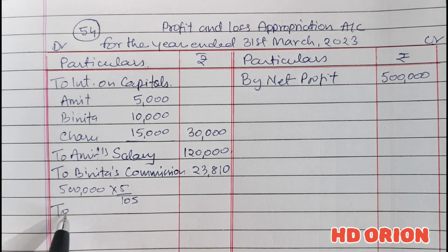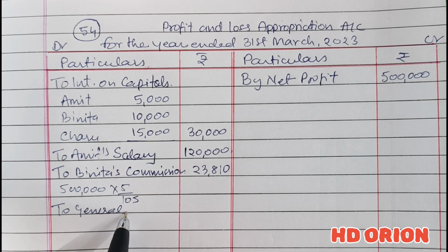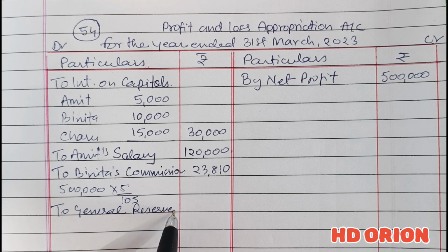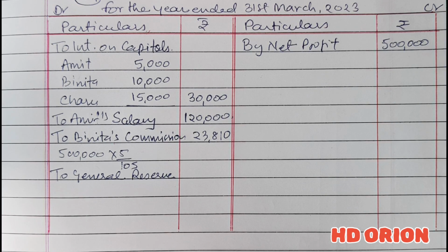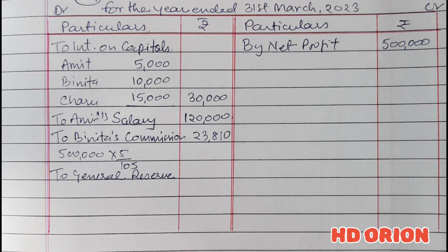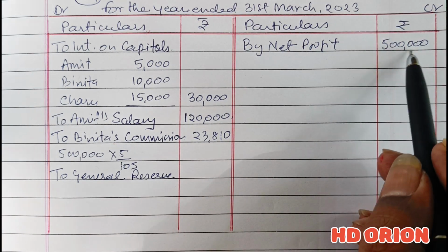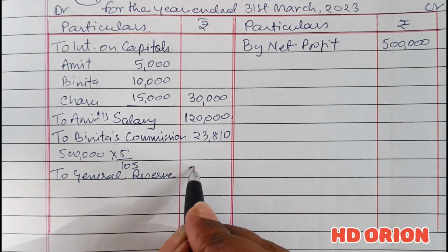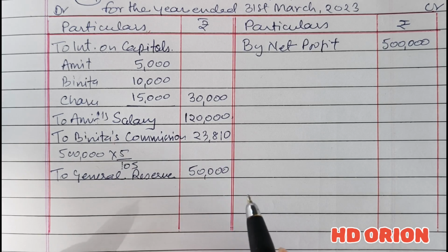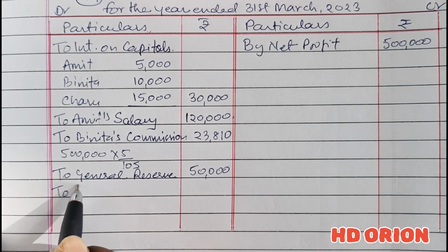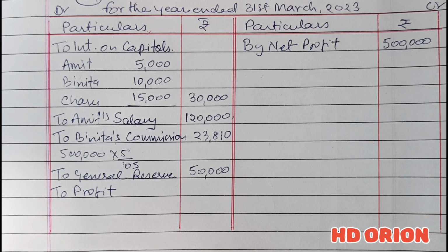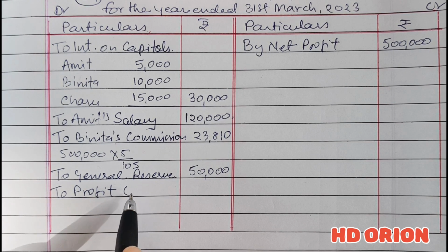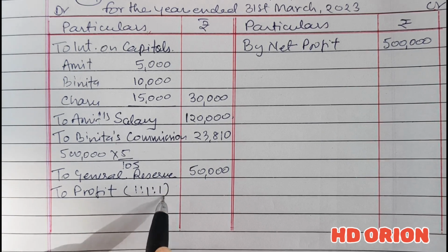Fine. And then general reserve. See, general reserve is an appropriation of profit. It is not a charge against profit. So it has to be shown here in profit and loss appropriation account. And 10% of net profit. So this is our net profit, 10% of which is rupees 50,000. Now the remaining profit will be given to the partners in their profit sharing ratio, and there is no profit sharing ratio suggested in the question, so it has to be equal.